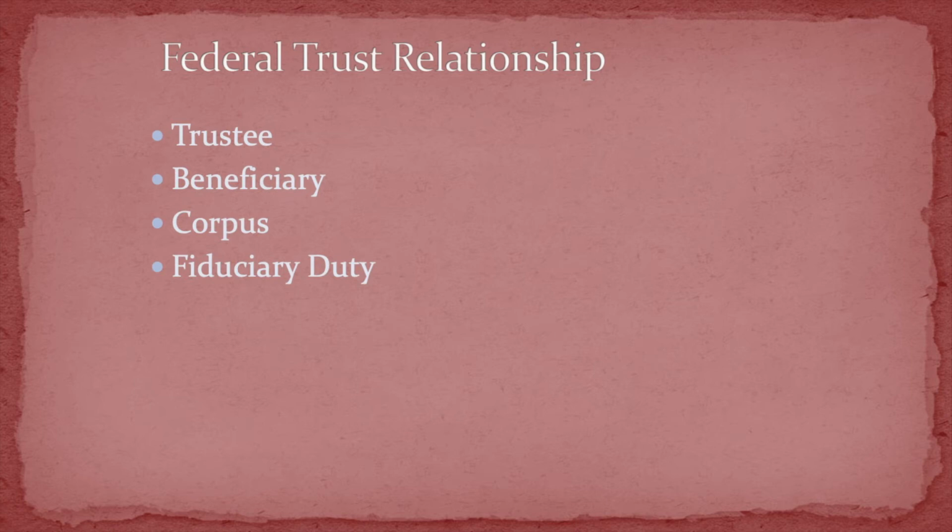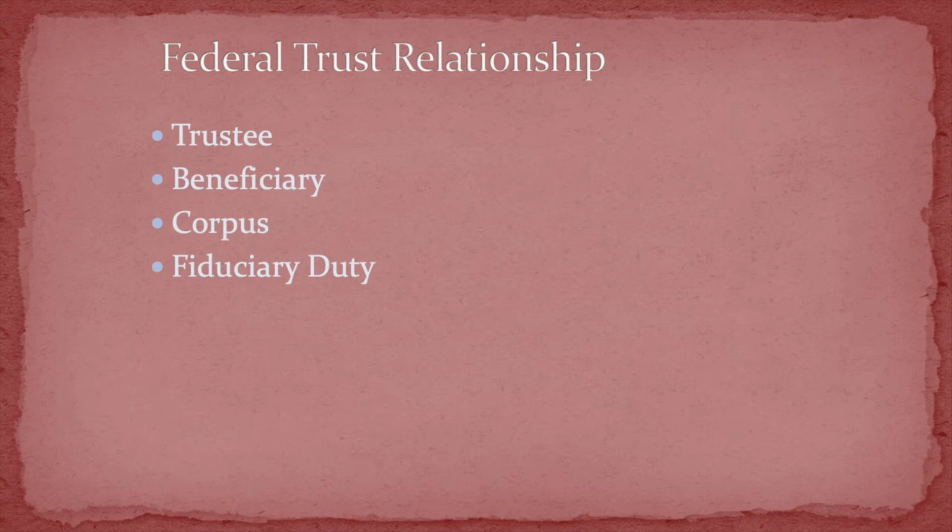And all of this is supposed to happen with the trustee operating under the rules of having a fiduciary duty. That the United States government, and I try to do this without smiling, the United States government must always act in the best interest of the tribes. That's what a trust is supposed to be.